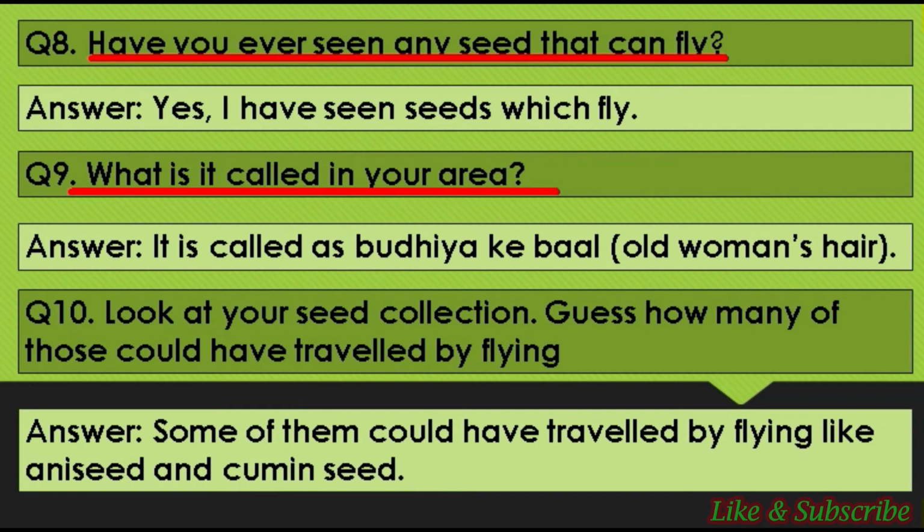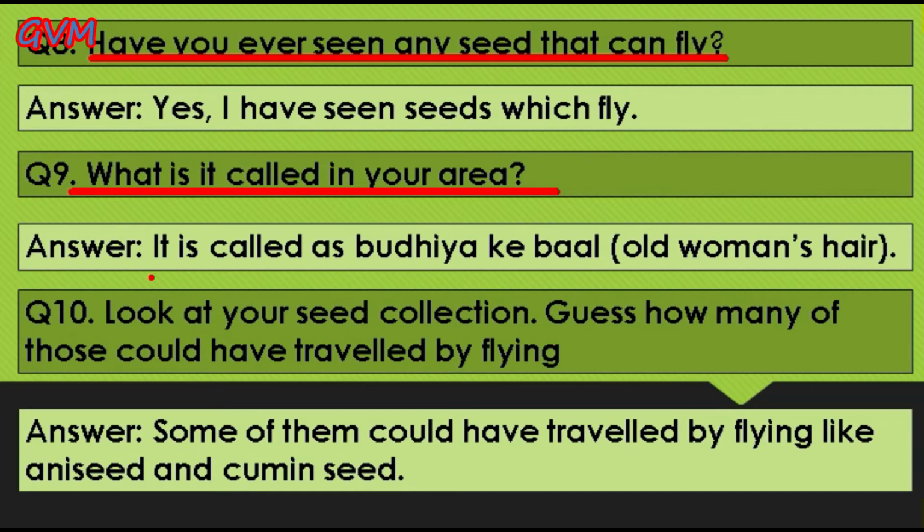Now students, on the basis of your answer to question number 8, if you wrote yes, that you have seen seeds that can fly, then you also have to write down the answer to question number 9, that is, by which name the seed is called in your area.